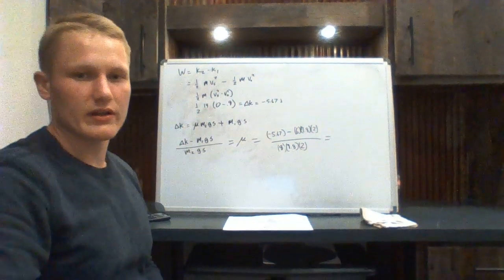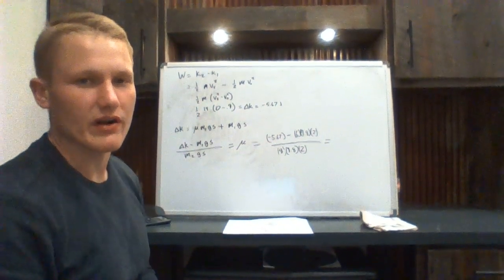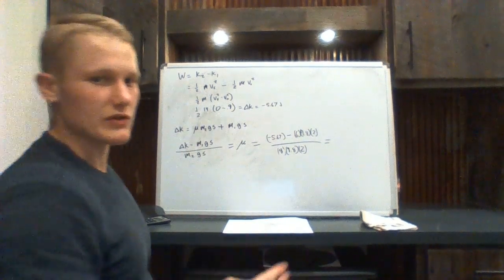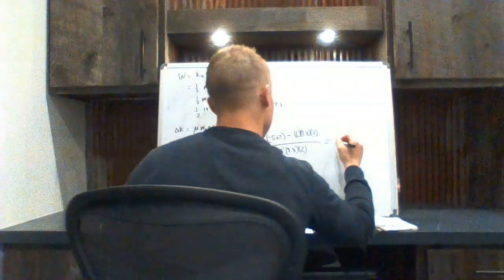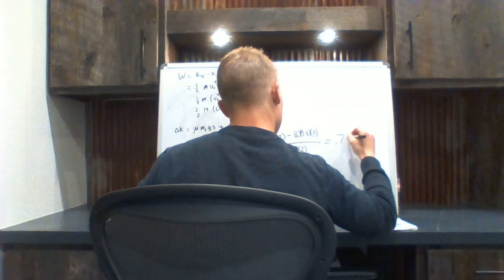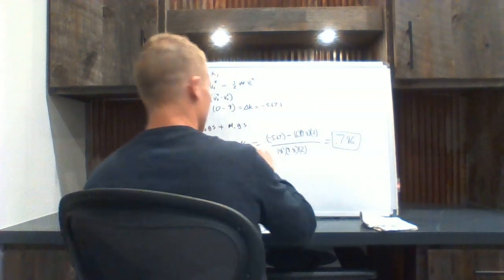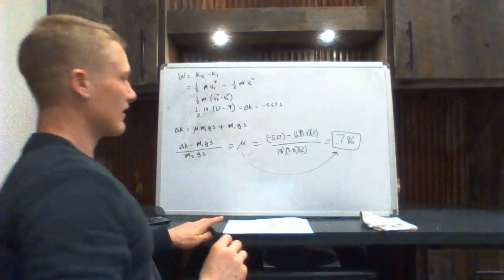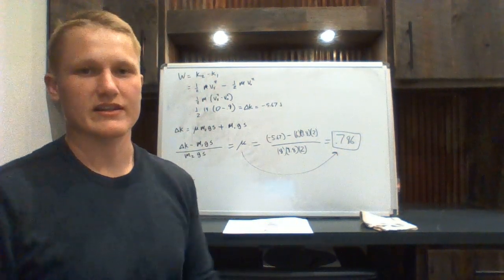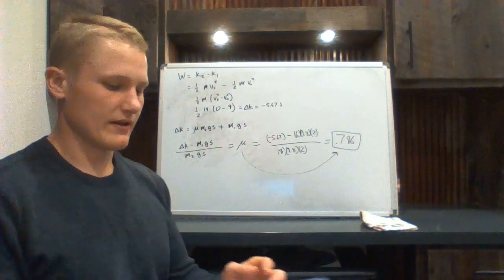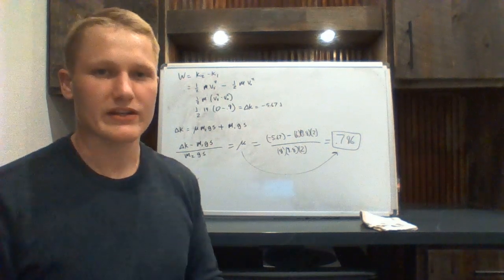When you plug all those numbers in and run it through your calculator, it comes to 0.786. And that is your coefficient of friction in the system. That was question 81 in chapter 6.